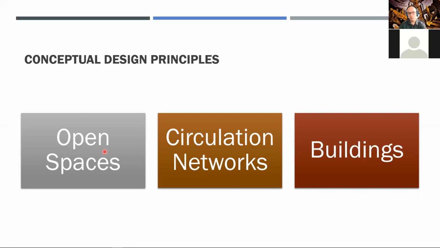These are the three most common components that can be found in, I'm willing to bet, all site plans. They usually incorporate some degree of open spaces, a handful of circulation networks, and some or sometimes many buildings.